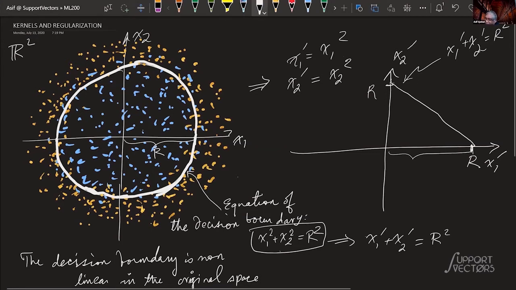And so what you will end up with in the transformed space are things like this. All the blue points would be inside the decision boundary here, in the inner triangle from the origin to this little triangle, and all the outer points will become like this.